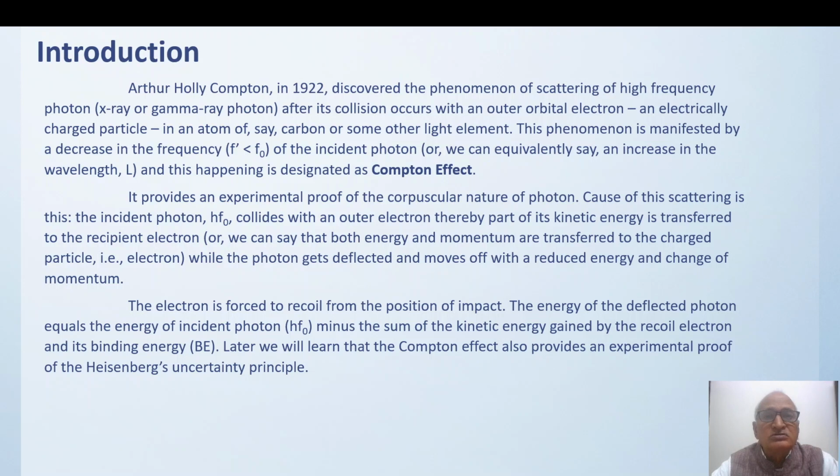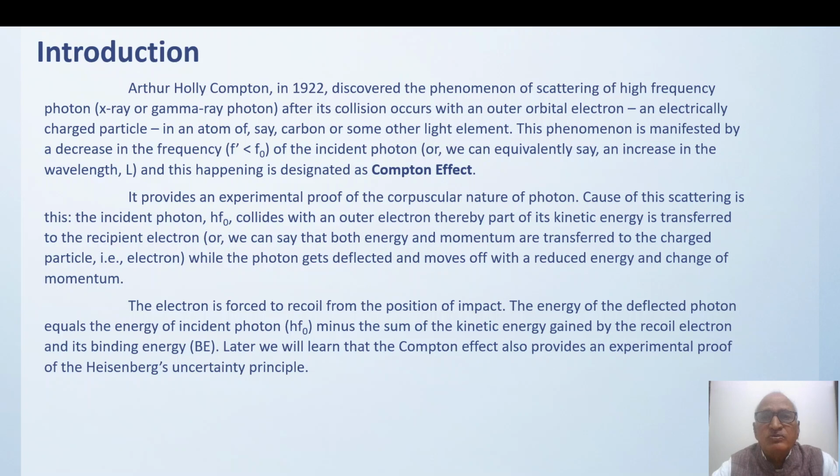There is a collision between the photon and outer orbital electron on the surface of the target. Electron, as you know, is electrically charged minute particle. As a target, we can use carbon or some other light element.